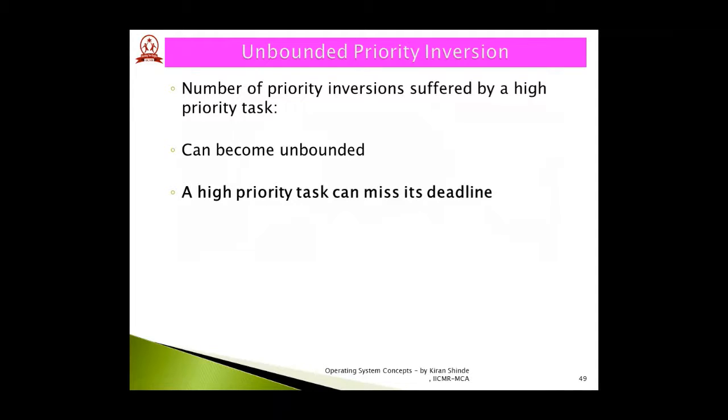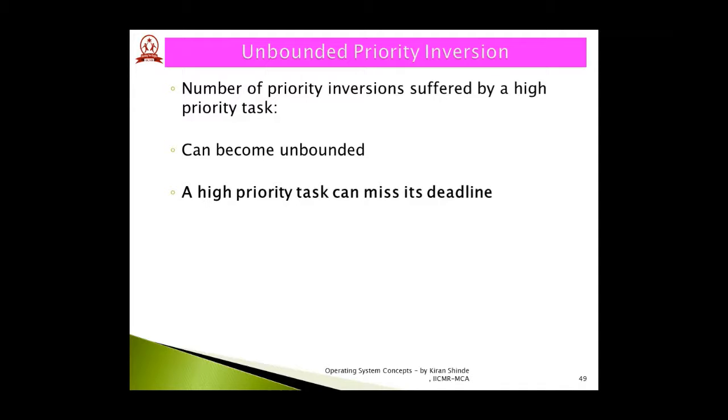What do you mean by that? A high priority task in such a scenario can miss its deadline, and it can actually end up just in a waiting state, and that waiting time can sometimes be unpredictable, because unless and until the resource which is held by the low priority task is released, the high priority task will not be in a position to continue with its execution with the CPU, right?